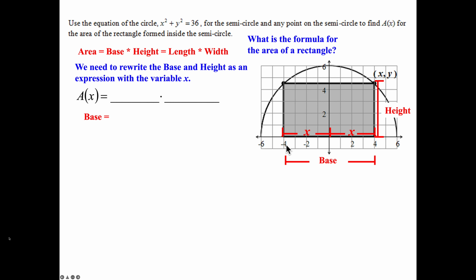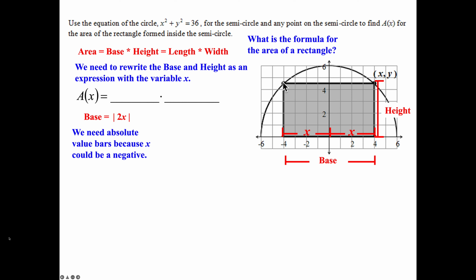Now I don't want to use -4. It's got to be a positive distance, so I should have 4 plus 4 in this particular case to give me a positive 8. So that's going to be a base of 2x. But again, like we said, we have to guarantee that that is going to be a positive value.